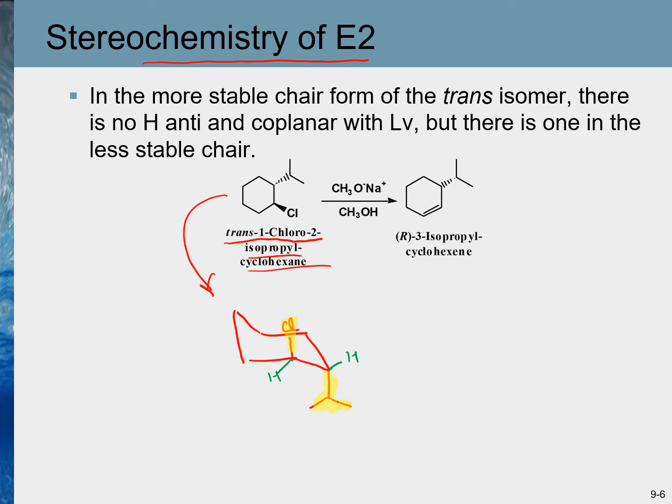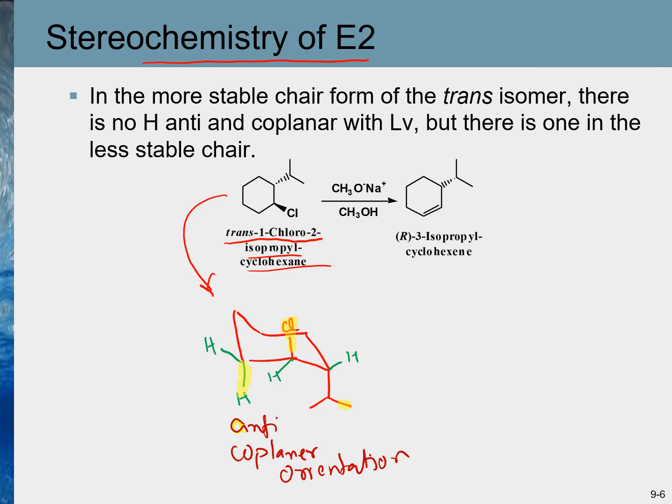In those 2 hydrogens, one is at axial position, the other is at equatorial position. So now this axial hydrogen in fact is in anti and coplanar orientation. So no such anti-coplanar orientation exists on this side.